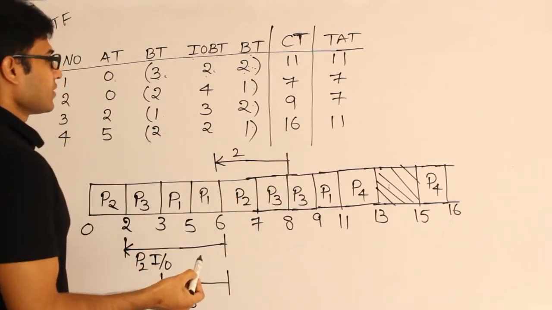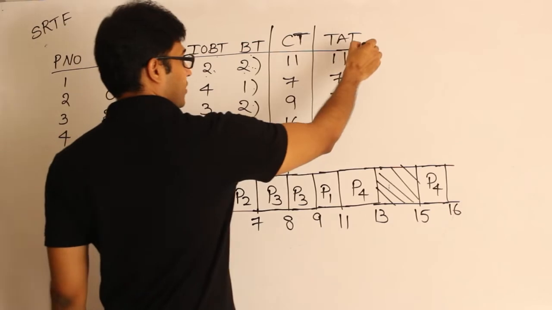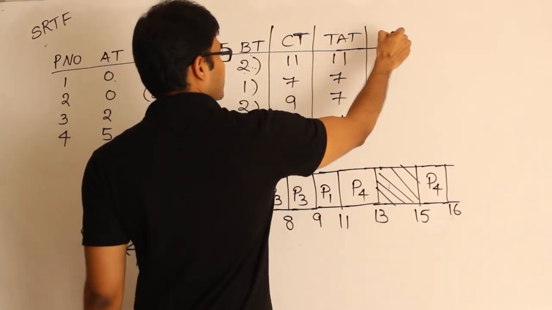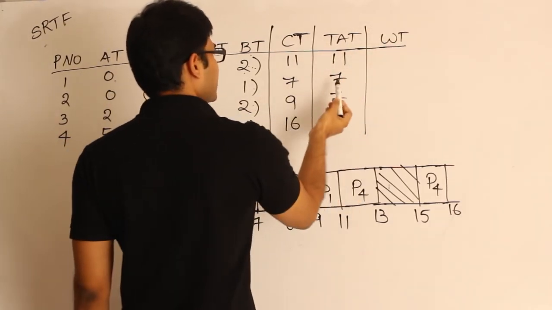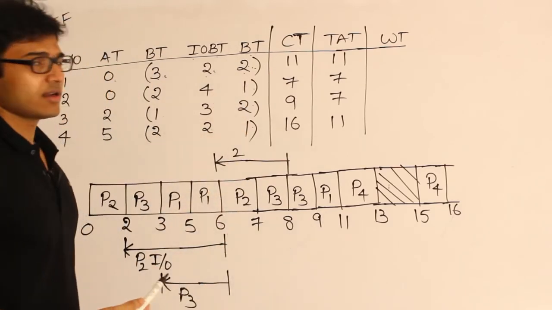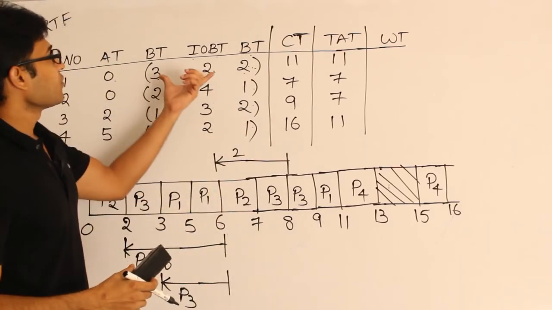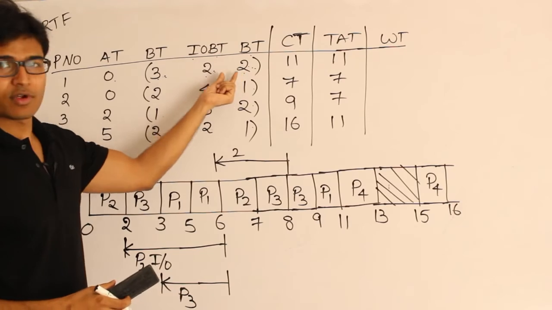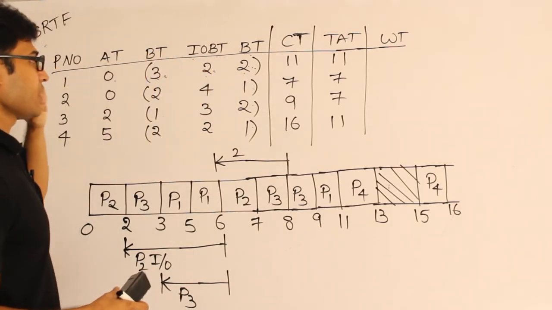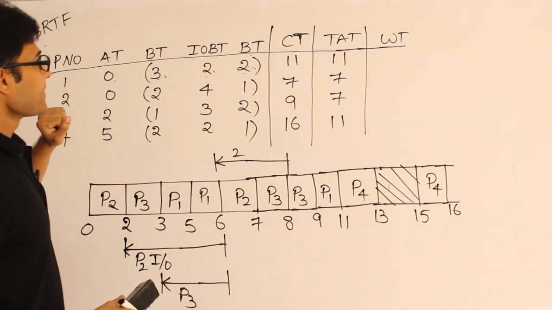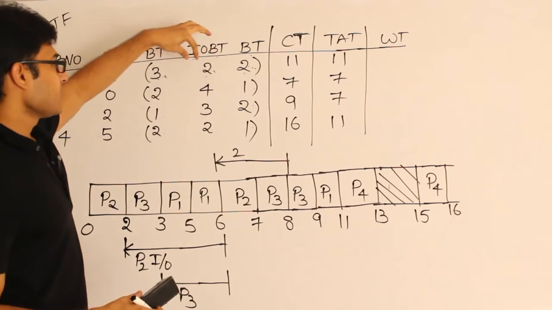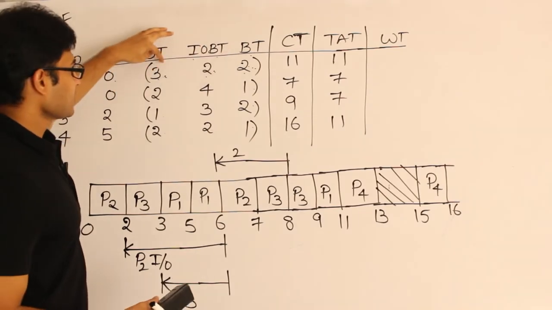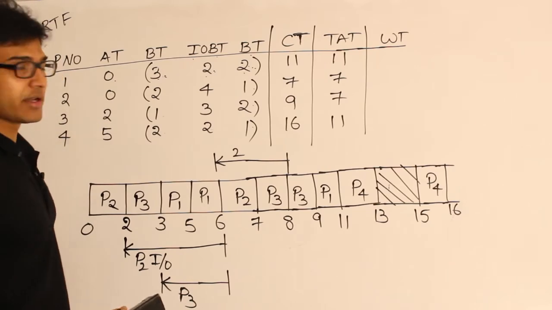Turnaround time is fine. Then what about the waiting time? It is tricky. In the sense, waiting time previously was turnaround time minus burst time, right? But now the burst time is a combination of 2 burst times, not just a single burst time. So how to find out the waiting time is, you have to take from 11 a sum of these 2 burst times, which means 11 minus 5. Are you understanding it?